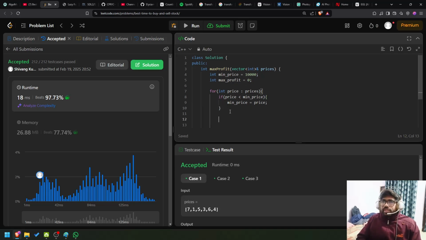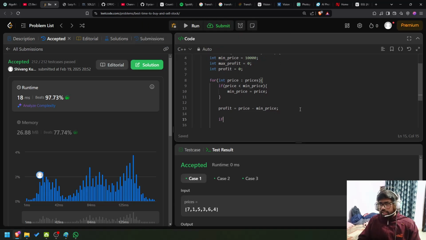Okay, then we compute the profit. Profit equals 0. I'd say that profit equals current price minus the min price.